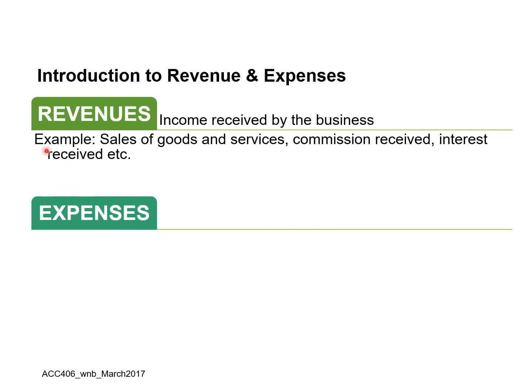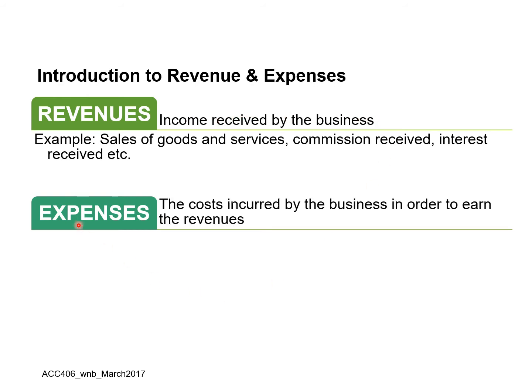So, contoh revenue kat sini adalah sale of goods and services. Yang ni adalah main income dia. Commission, mungkin dia tolong jual barang orang, so dia dapat commission. Interest, kalau dia ada investment, dia terima interest. Okay, so itu juga dikatakan sebagai revenue, which is income received by the business.